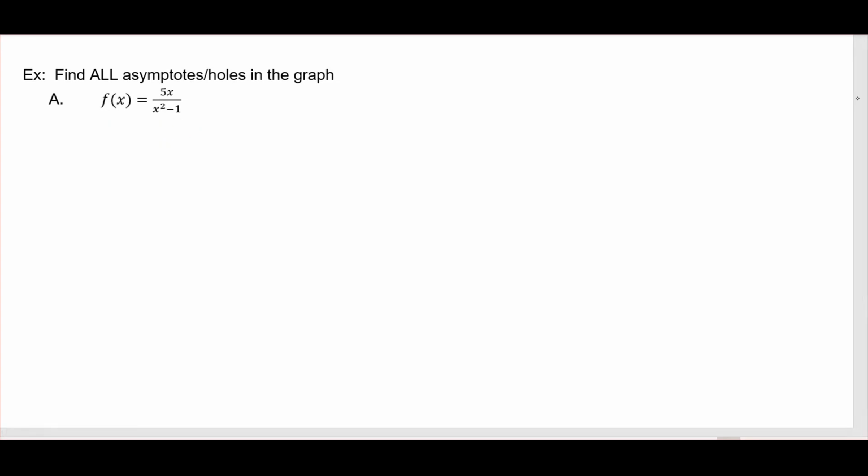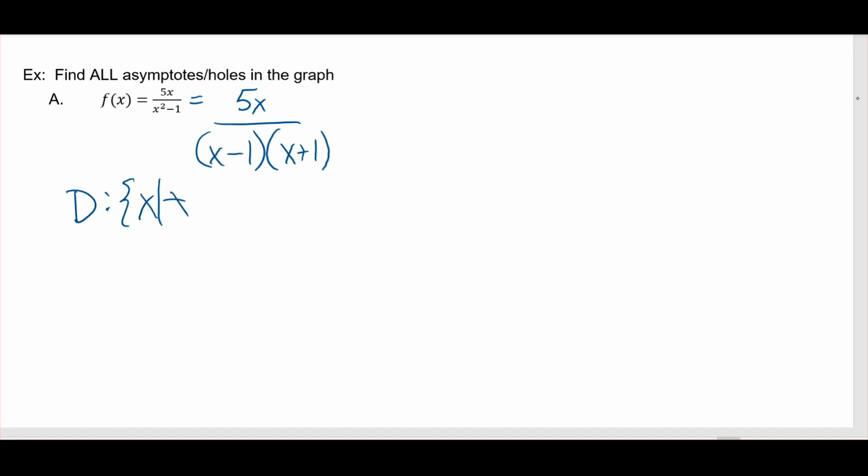Okay, so again, the pro tip, right? We want to factor everything. So we might as well just factor everything right away. So 5x, and then the denominator has a square in it, right? Okay. So we can take a look, and what we're going to end up doing eventually is just state what the domain is.